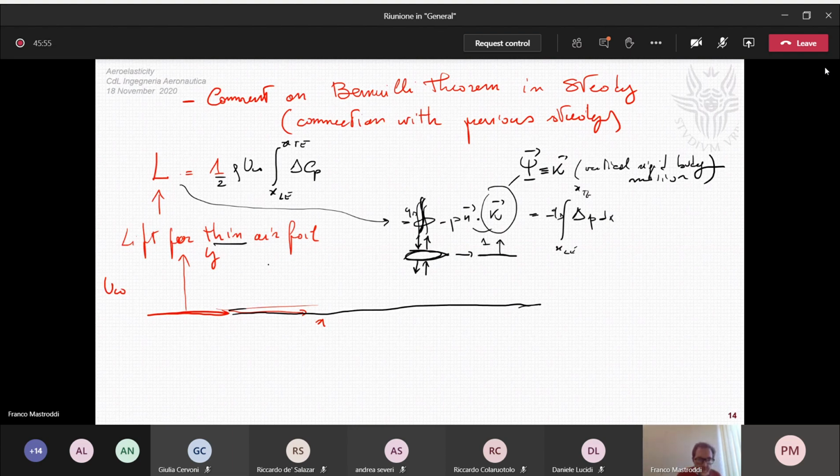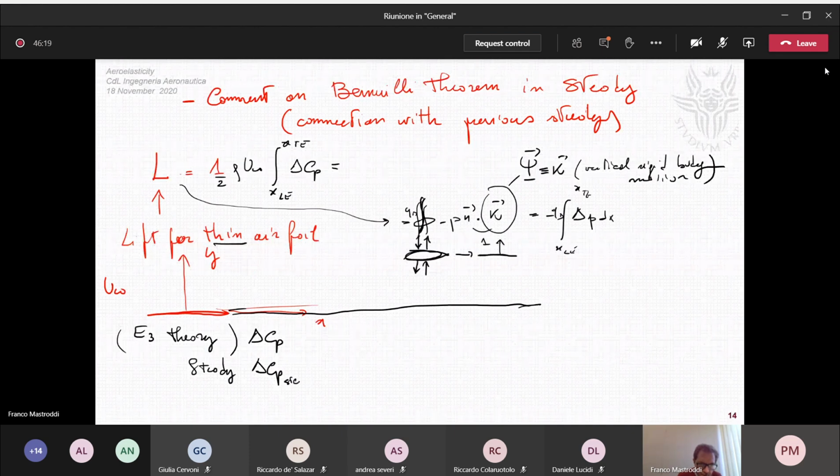And the point now is, what about delta Cp? When we did the theory, or the Bernoulli theorem, we found that in the steady case this delta Cp is equal to minus 2 divided by u infinite, the derivative of the potential with respect to x.